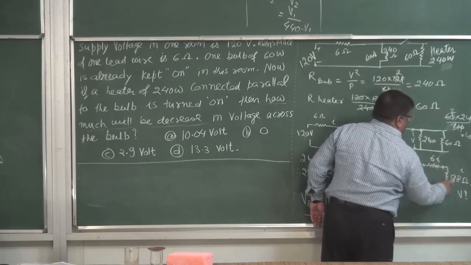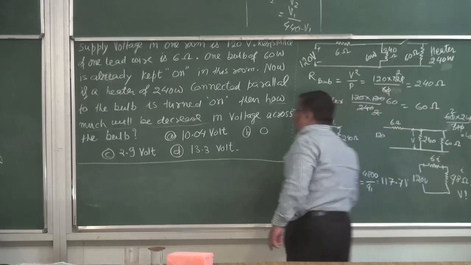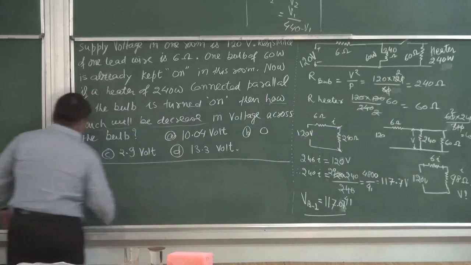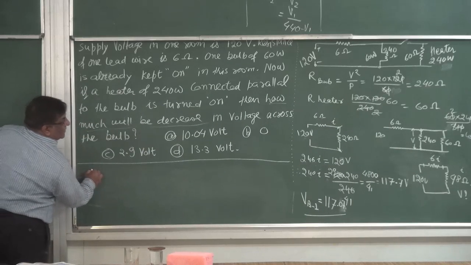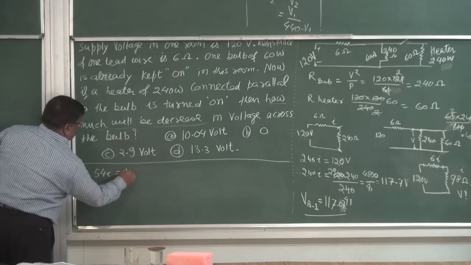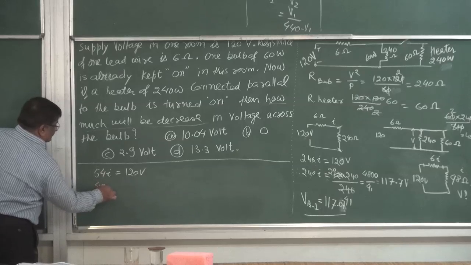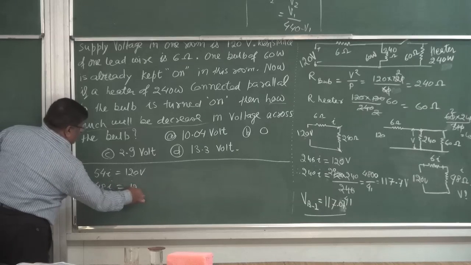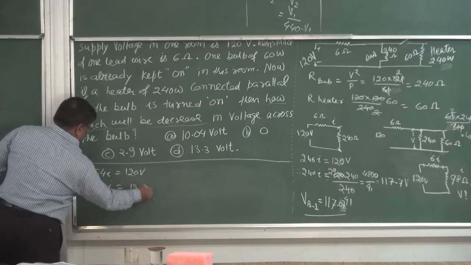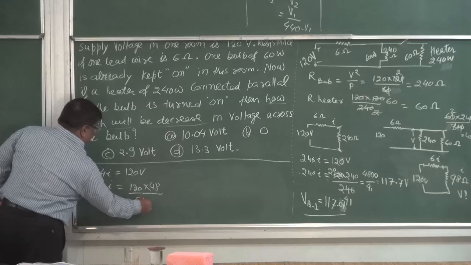How much is the total? 54I. 54I voltage is equal to 120 volt. Therefore 48I is equal to 120 into 48 divided by 54.